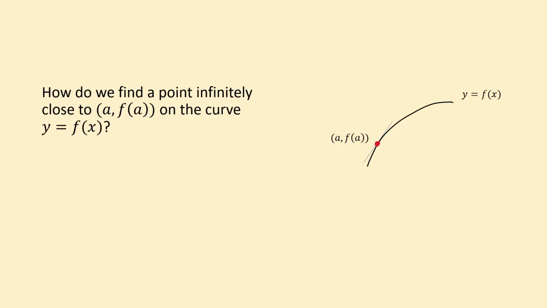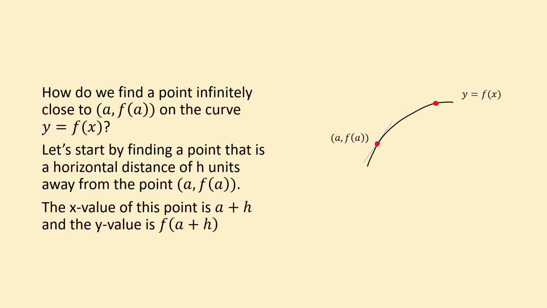So, how do we find that point? We start by finding a point that's a certain horizontal distance away from the point. So what I'm going to do is I'm going to say the second point is h horizontal units away from the first point. Since the first point has an x coordinate of a, the second point has an x coordinate of a plus h.